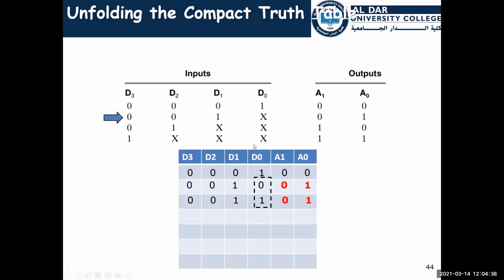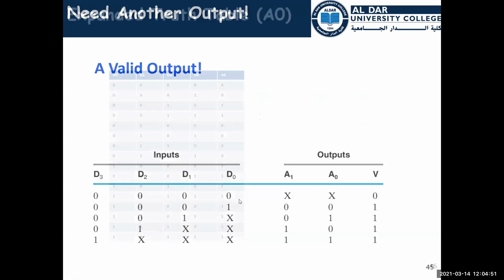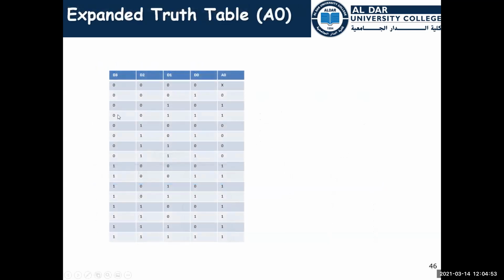Yes, he also added the valid 0000 entry, so the total is 16. 1 2 3 4 5 6 7 8 9 10 11 12 13 14 15 16. So they are 16 because he added the all zeros entry here.